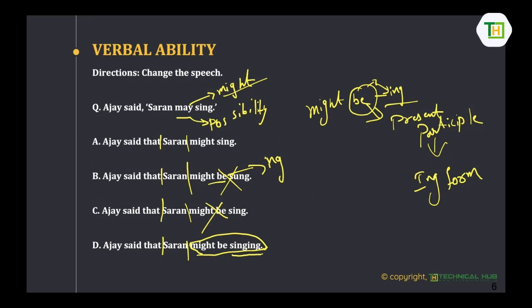If you say might be singing, that means now he is doing it. Sharan might be singing now. Maybe the sentence is correct, but logically it does not suit the question here. So Ajay said that Saran might sing is the right answer. In fact, option D is also wrong. Option A is the right answer.